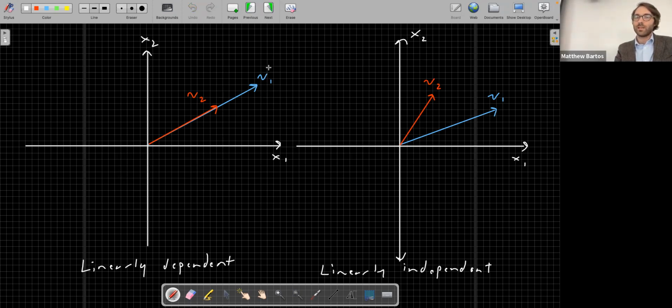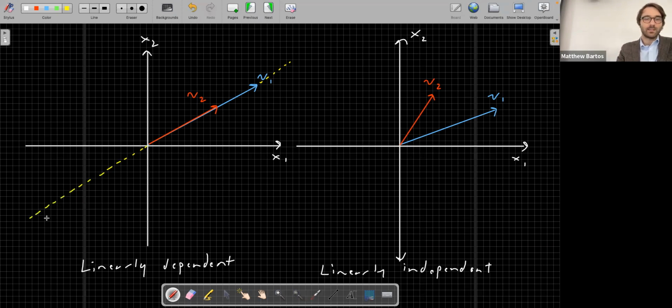So what is the span of V1 and V2 for this case? Right, it's the line that these vectors lie on, in both the positive and negative direction.